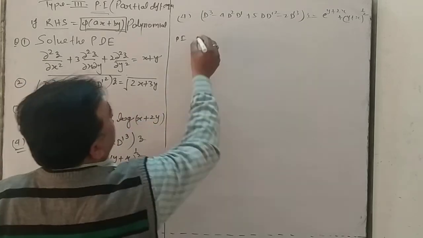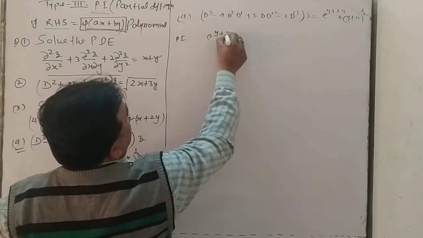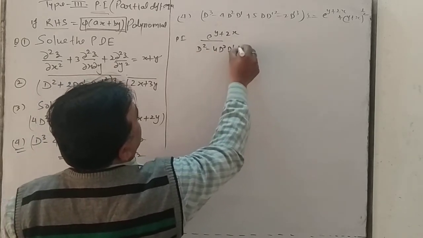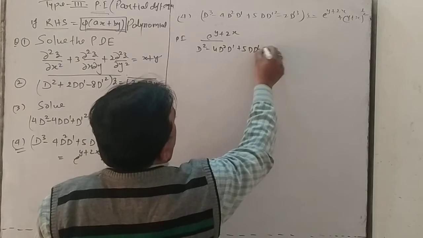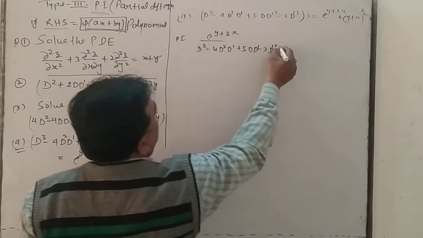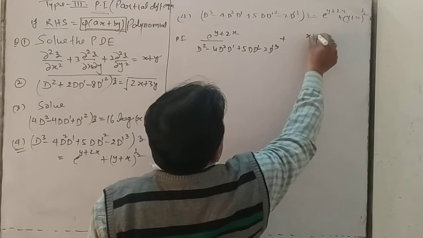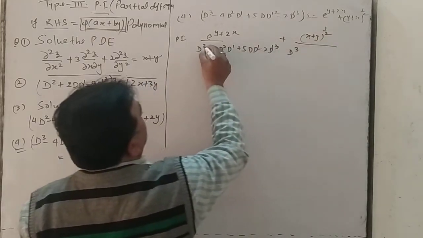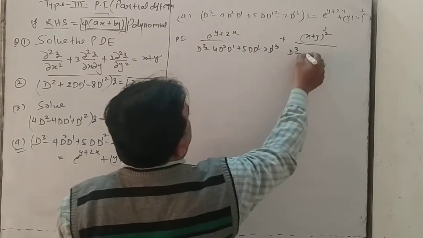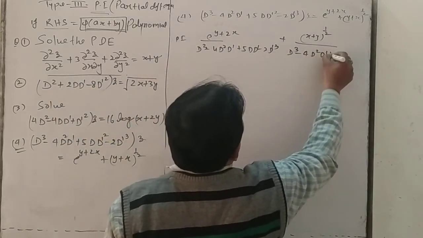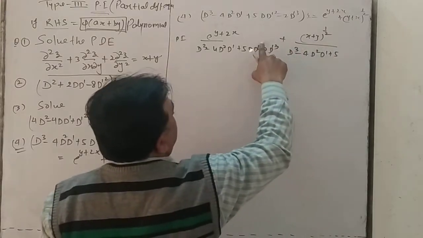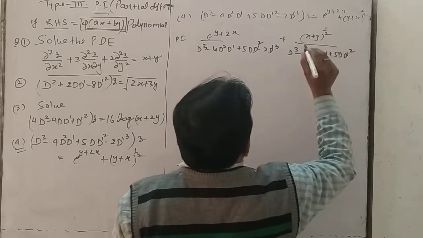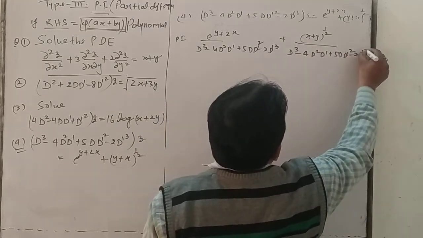e to the power y plus 2x upon D squared minus 4D squared D dash plus 5D D dash squared minus 2D dash cubed, plus (x plus y) to the power 1/2 upon D cubed.